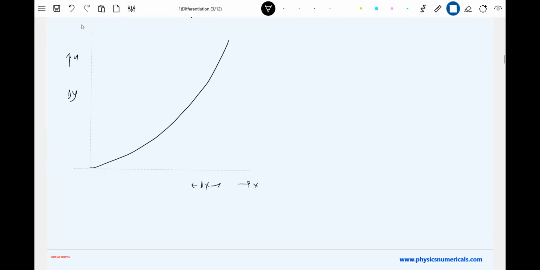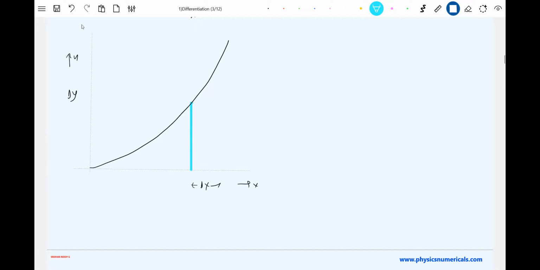Now, this is delta x. Now what will happen? I'll make delta x so small that it will become dx. Earlier this is delta x; now I'll make it so small that delta x tends to 0 and it becomes what we call dx here.